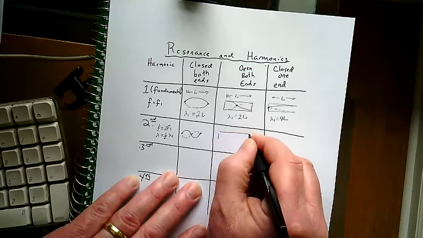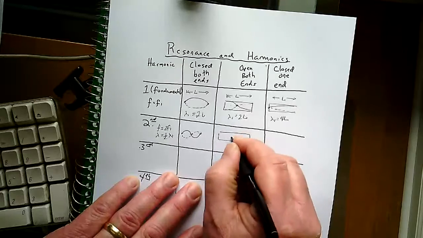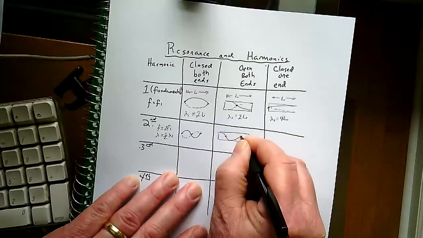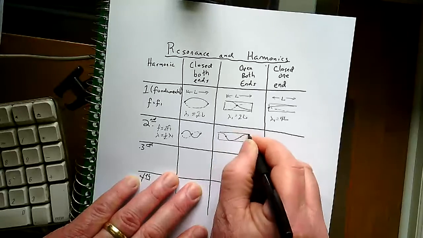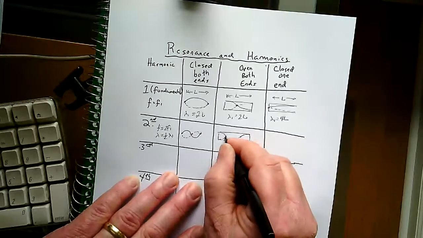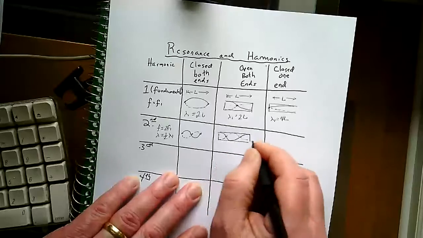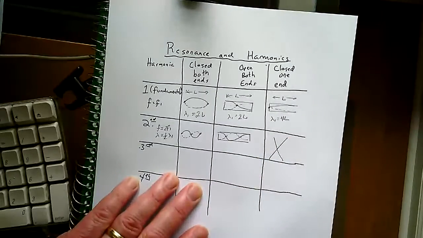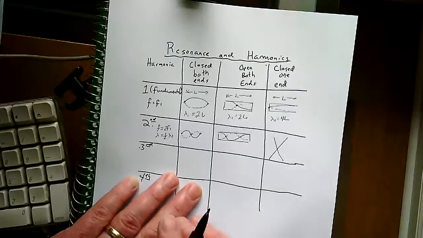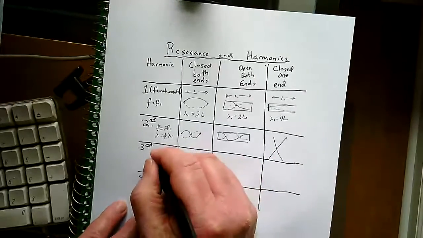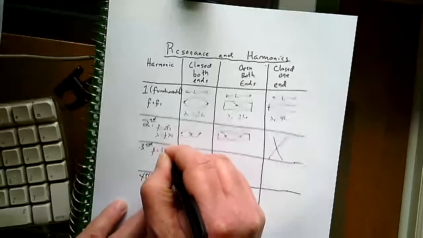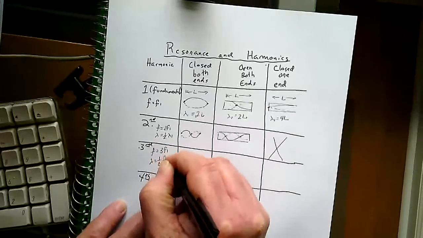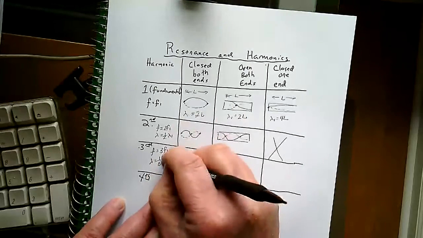That's going to be true for this one as well. Here I'm going crest to crest, that's one whole wavelength in there. And the second harmonic does not exist for closed one end because it's an even one and only odd ones exist. Then for the third, the frequency is 3 times F1, and the wavelength is 1/3 of wavelength 1.